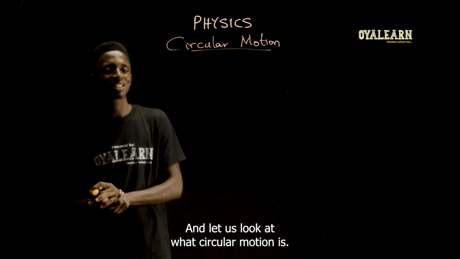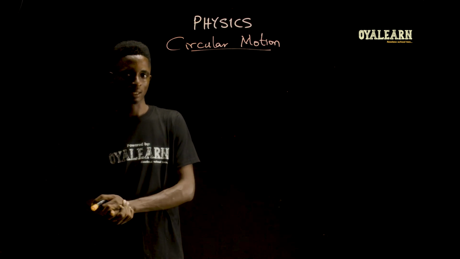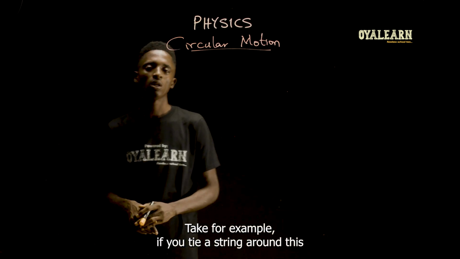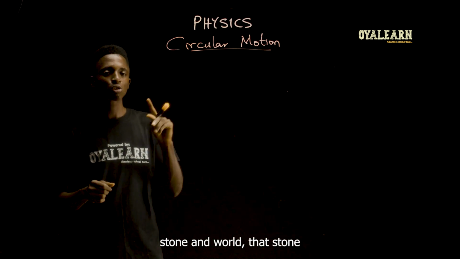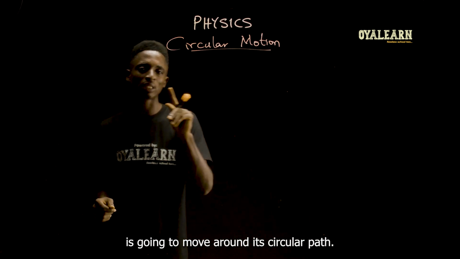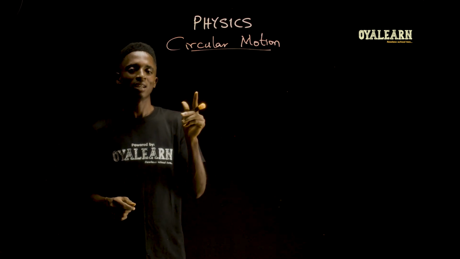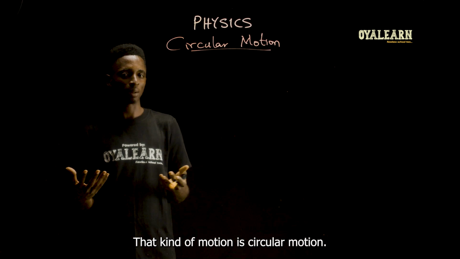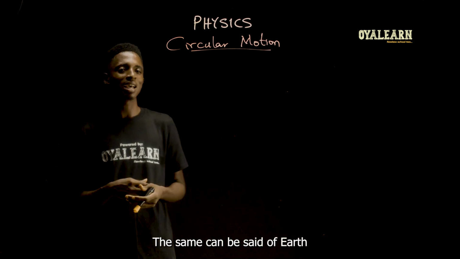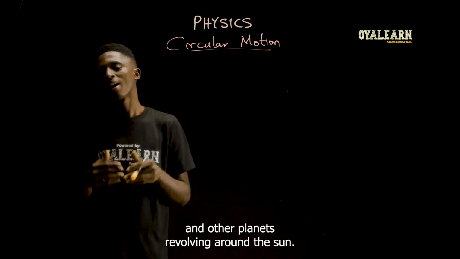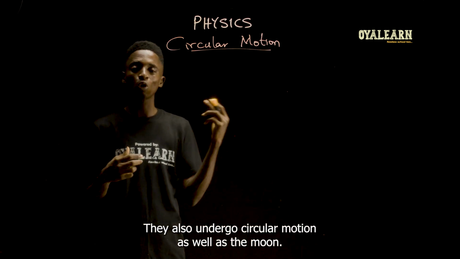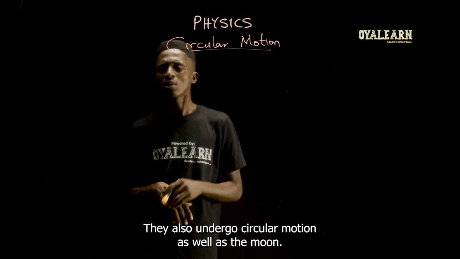Let us look at what circular motion is. Take, for example, if you tie a string around a stone and whirl it, that stone is going to move around a circular path. That kind of motion is circular motion. The same can be said of Earth and other planets revolving around the sun. They also undergo circular motion, as well as the moon.